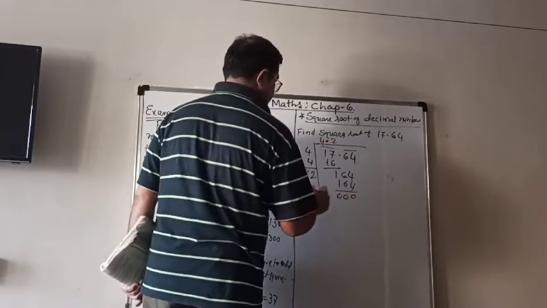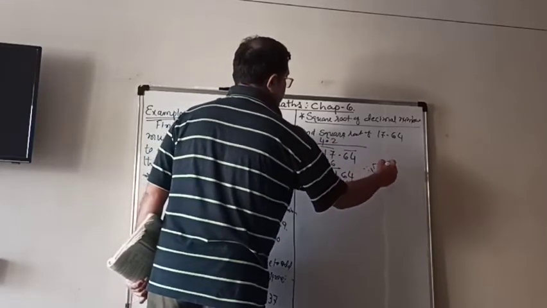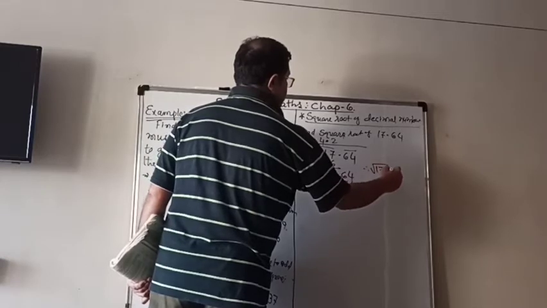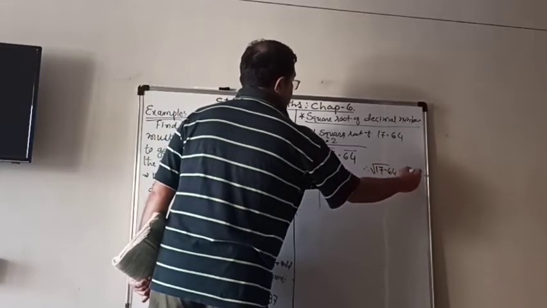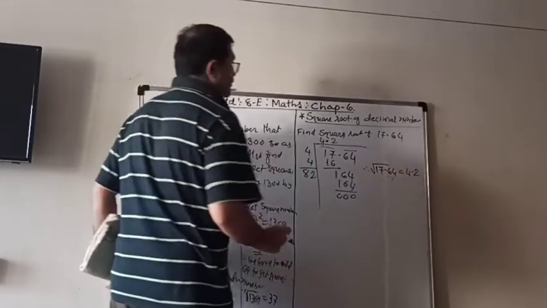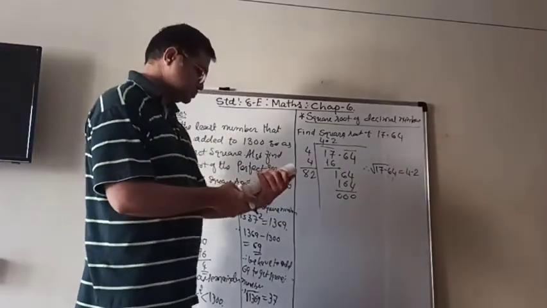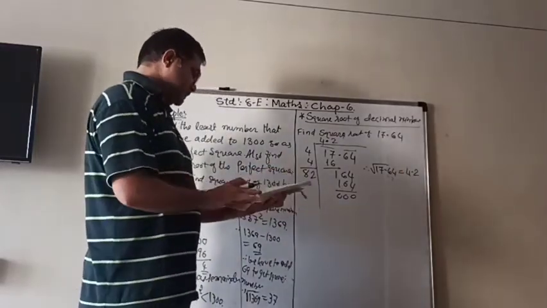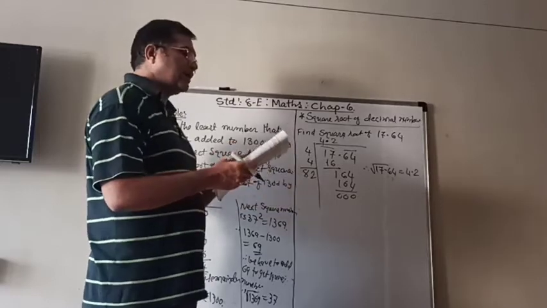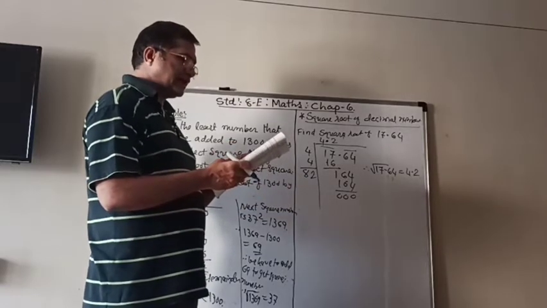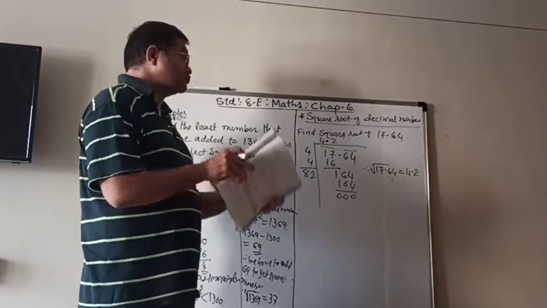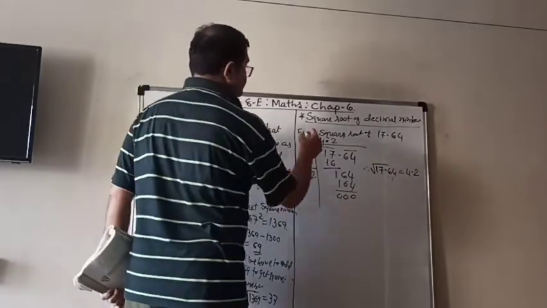It means that the square root of 17.64 is equal to 4.2. Similarly, let us take another example, find the square root of 12.25.